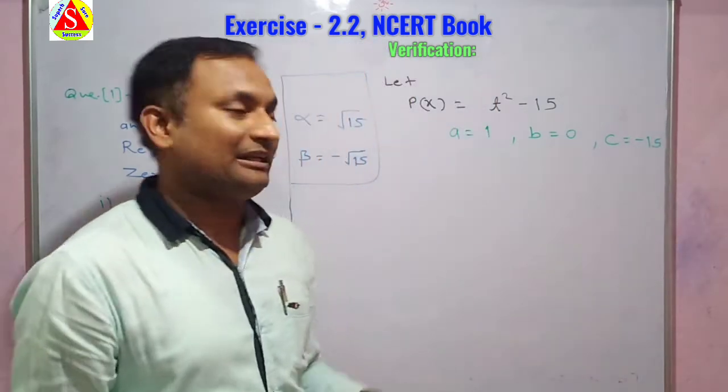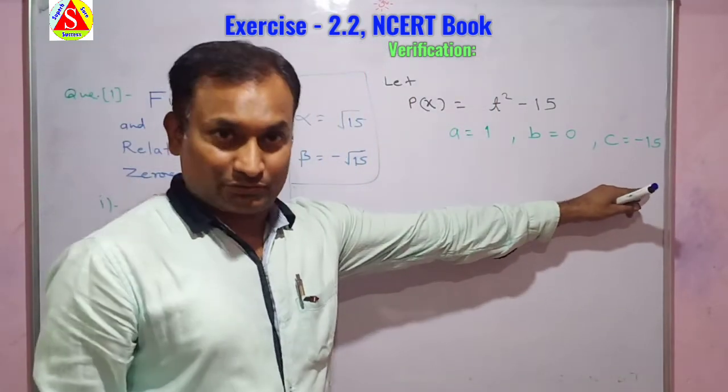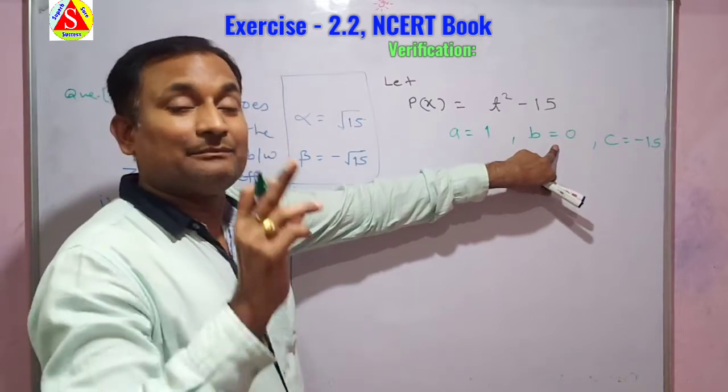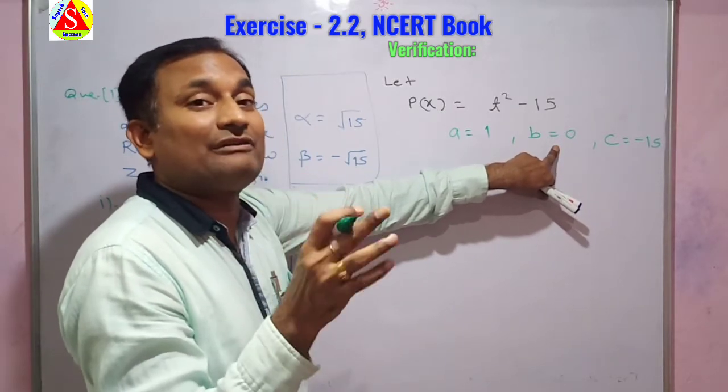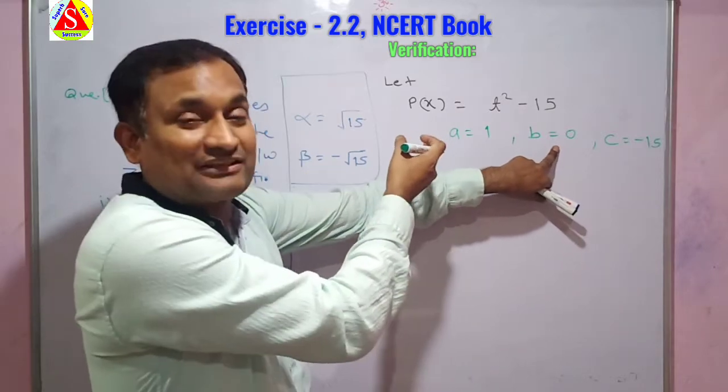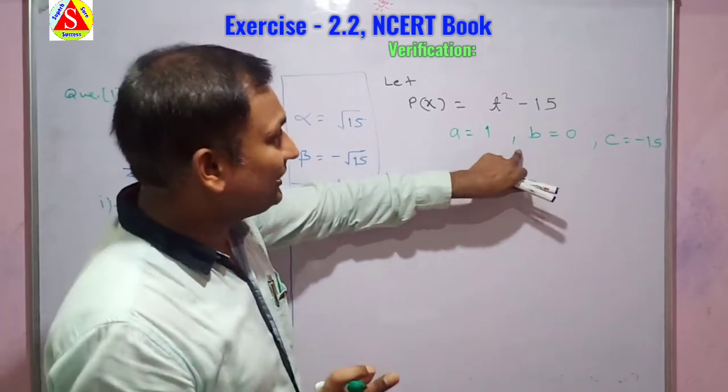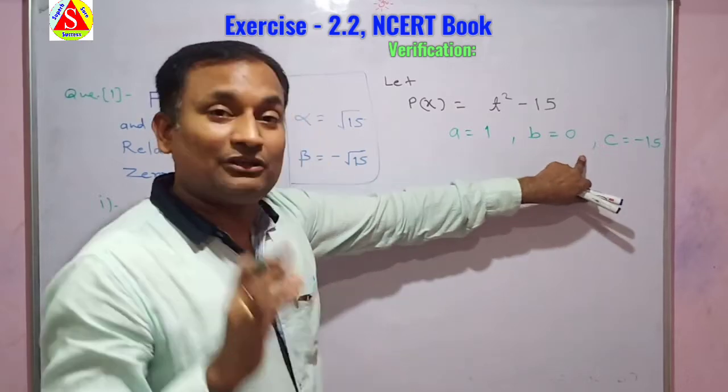Remember, since the middle term is missing, that is the x term, or for this question the t term, that's why we are putting b is equal to 0.